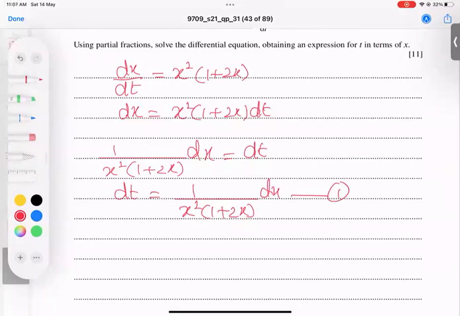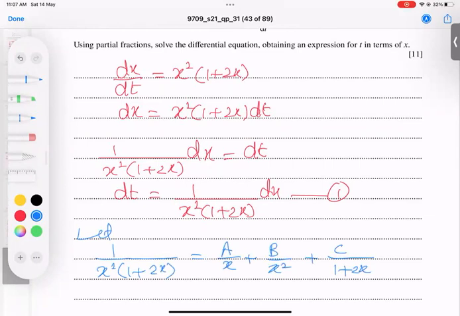Now I'm starting partial fraction because this part is disturbing. Okay, so I'm writing it here. Let 1 over x squared times (1 plus 2x) equal a over x plus b over x squared plus c over (1 plus 2x).